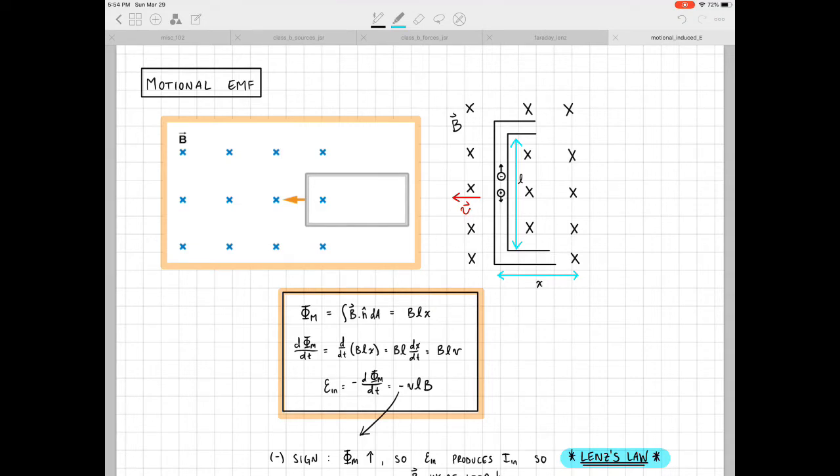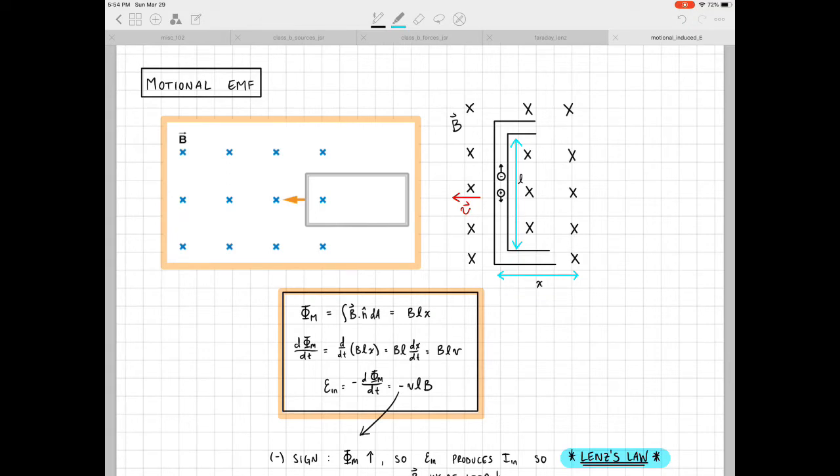Turns out that you can explain the motional EMF just by using the force law for charges moving through a magnetic field. But we're going to start with leveraging Faraday's law, and then we'll explain how you could get the same result using force analysis.